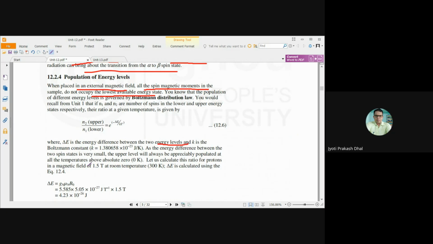As the energy difference between the two spin states is very small, the upper level will always be appreciably populated at all temperatures above absolute zero.